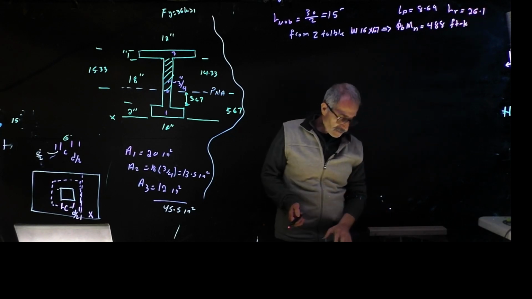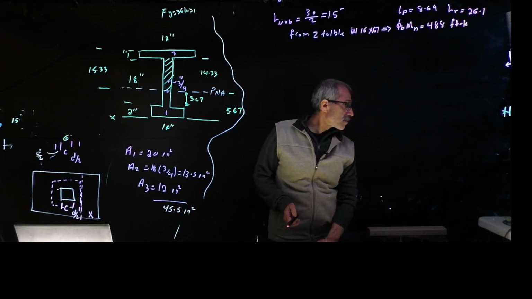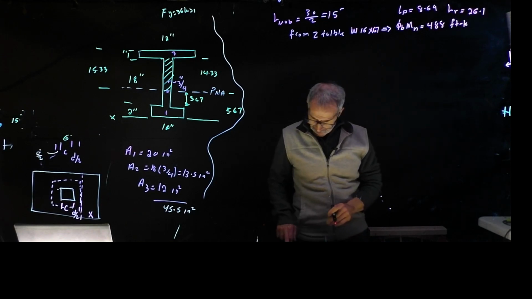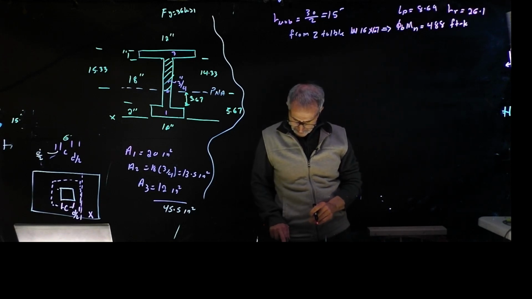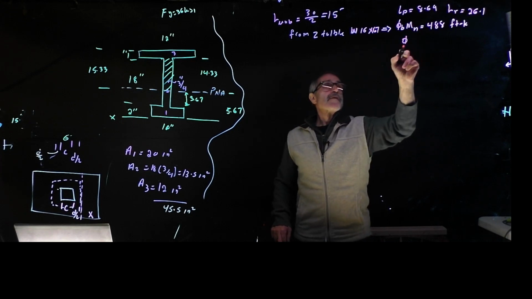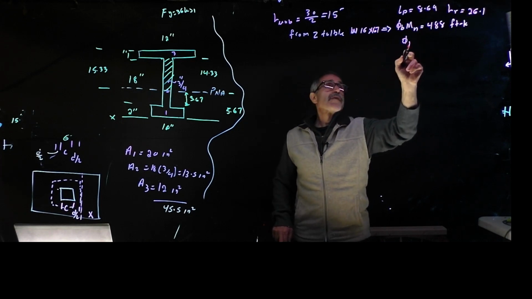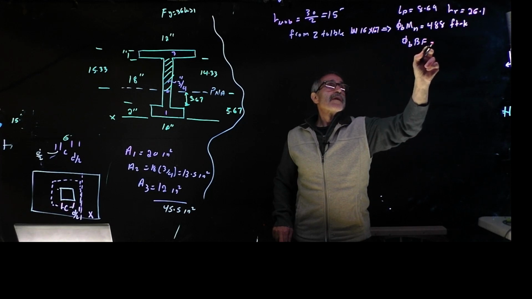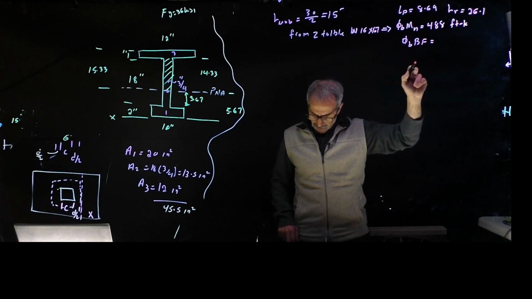We see that. Then we have phi BF given as 10.4.